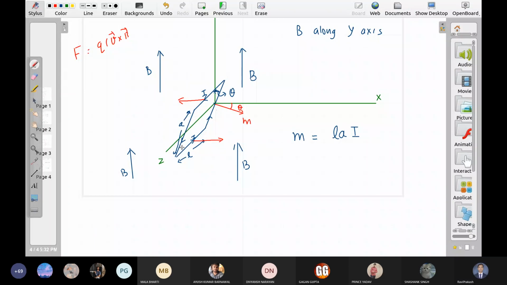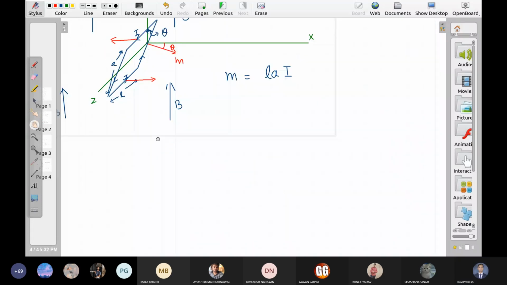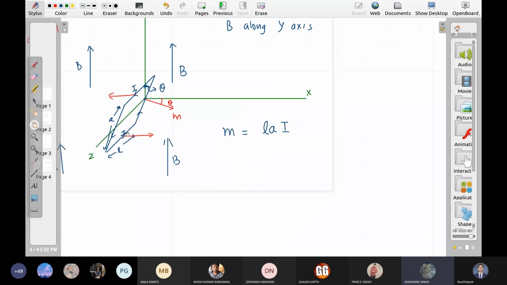This is downward. Minus i cap, plus j cap, minus i cap, like that. So V cross B is, so it is like in this direction, right? B cross B means something like this, along the Y axis, along the Z axis.